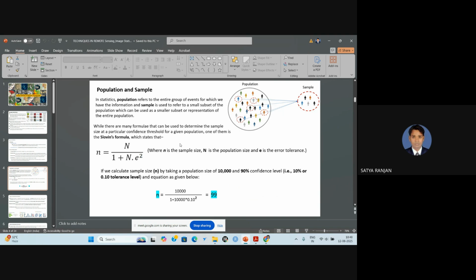The result is 99. So out of 10,000 pieces of information, we have to get a minimum sample size of 99. This is the requirement in different fields. This is one example of population and sample.